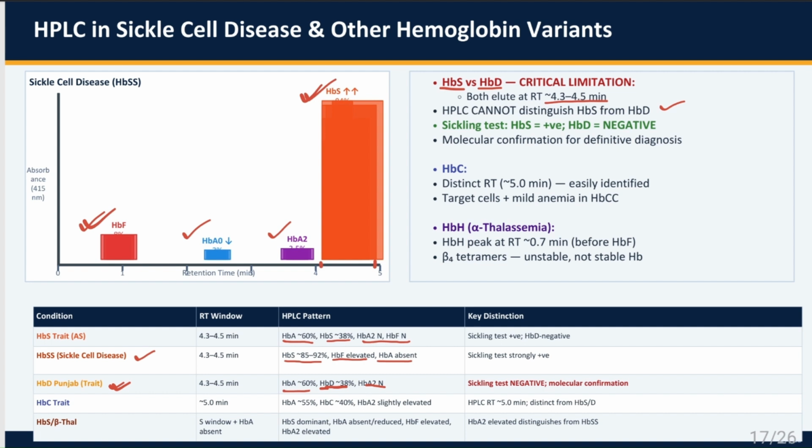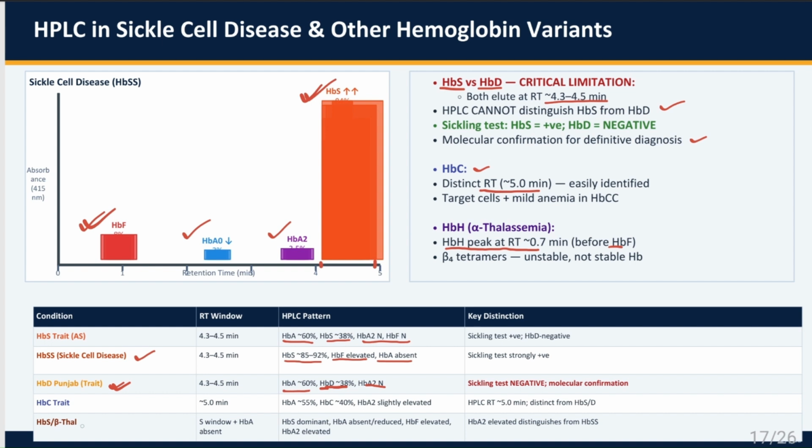And we can also confirm the diagnosis by some molecular studies. In the same manner, if HbC disease is present, then we can see HbC at RT around 5 minutes. In case of alpha thalassemia, there will be HbH peak at around 0.7 minutes, that comes even before HbF.